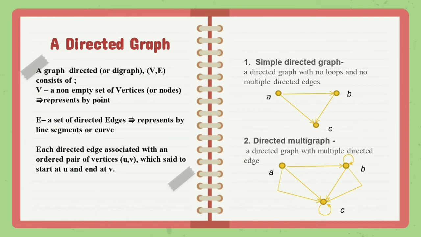The second one is the directed multigraph, which is totally different from the simple directed graph because in this graph there will be a presence of loops and multiple directed edges. Look at the example here. BC has a loop, AC has multiple edges, and BC also has multiple edges.